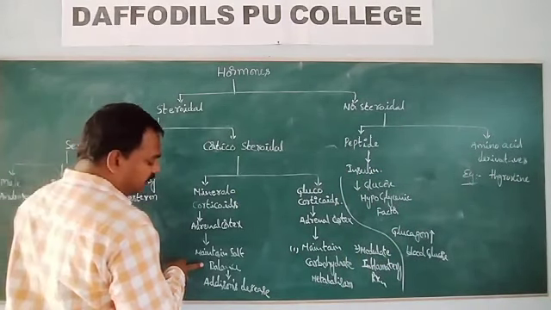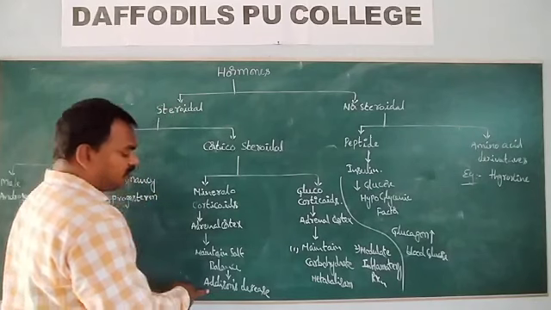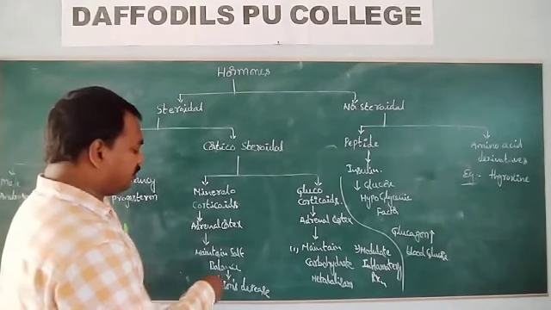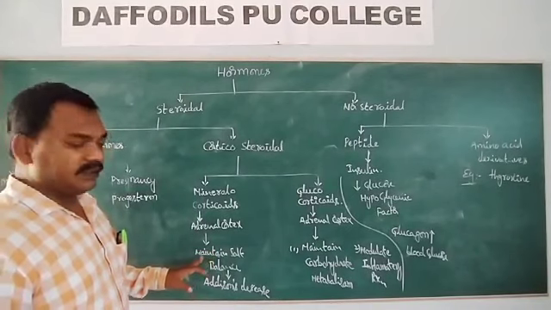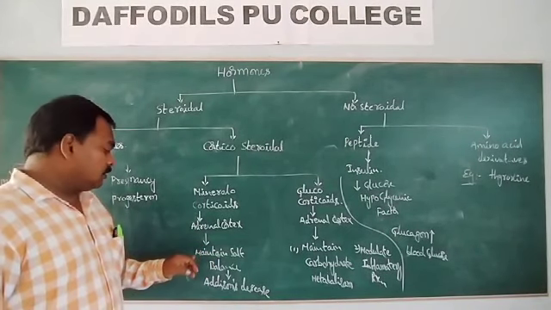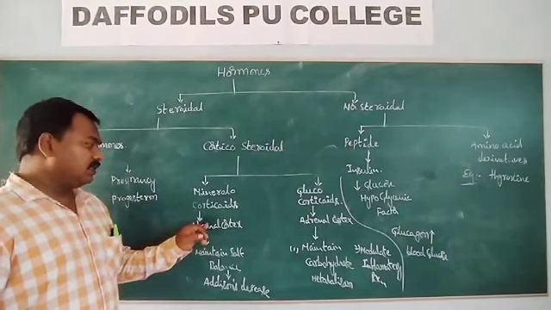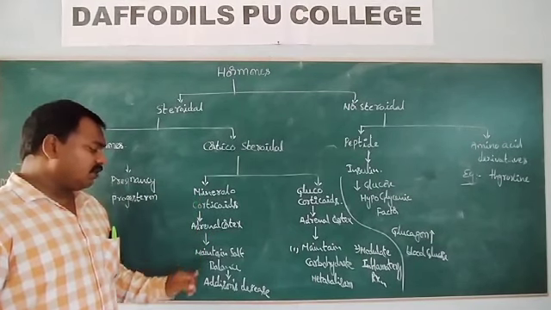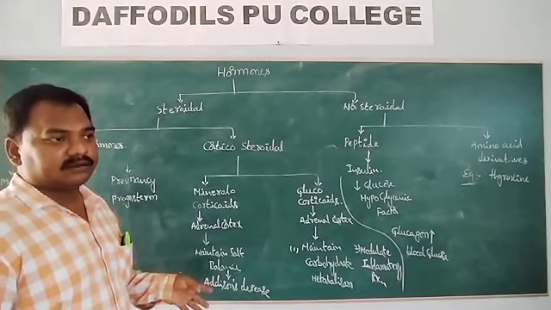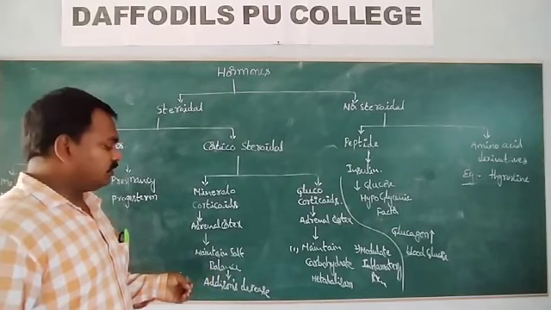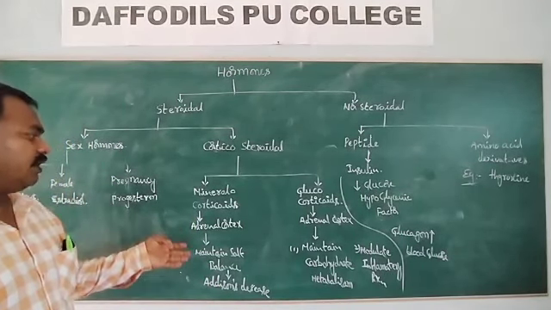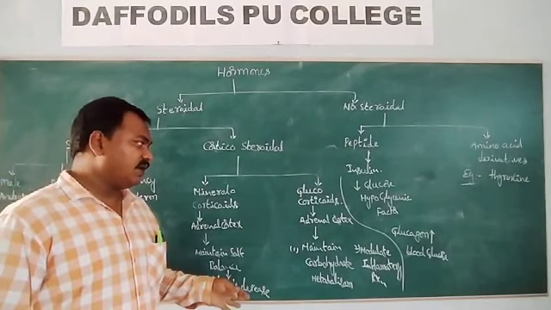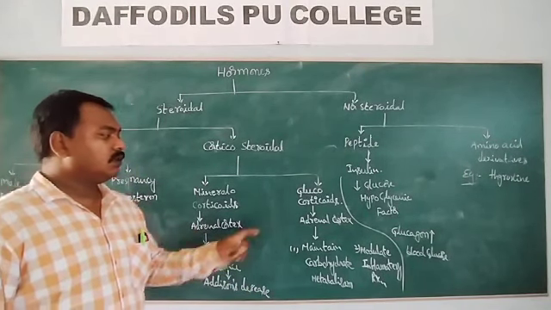Mineralocorticoids maintain the balance of sodium chloride in our bloodstream. That means they maintain the BP. These mineralocorticoids maintain the mineral levels like sodium chloride and potassium levels. All these are maintained by the mineralocorticoid hormones.